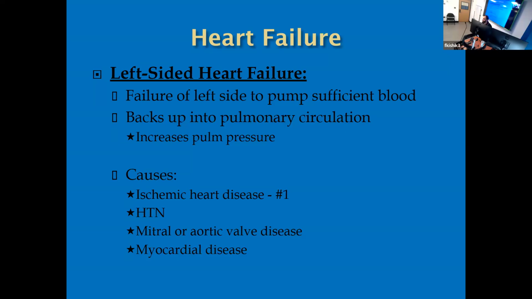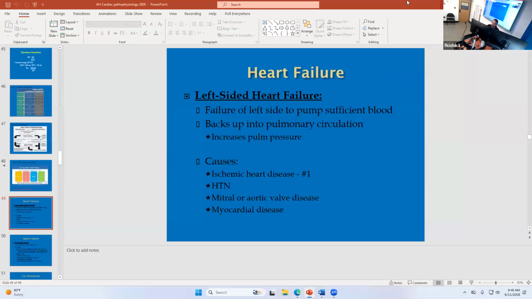I mean, I see more aortic stenosis than mitral regurg, but worldwide it is mitral regurg. I'm pretty sure. I have to double-check.